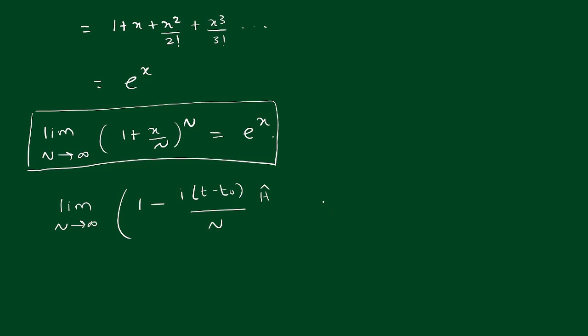H cap by h cross, right? Whole raised to n. Okay, we use the same logic, and you'll write this as exponential of, okay, if it is e raised to x, then here we just write the corresponding term in place of x. Alright, minus i t minus t0 by n. Sorry, there's no n here.